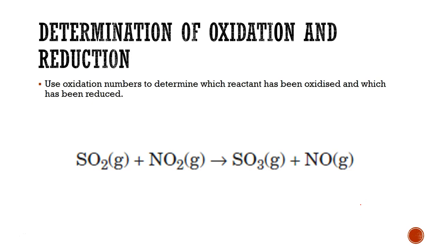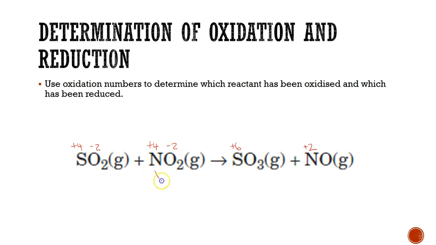So have a go at this one with the oxidation numbers to determine which reactant has been oxidized and which has been reduced. So pause it and then come back and watch the solution. Okay, so hopefully what you realized here is that our sulfur must have an oxidation state of +4. Nitrogen here must also have a +4 because these are going to be -2 each. Sulfur in this case, I have 3 lots of -2, so this must be +6. And then in this case, we have +2.